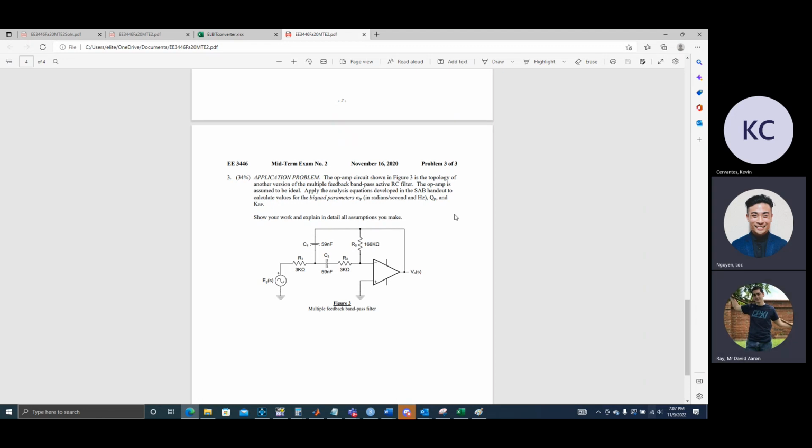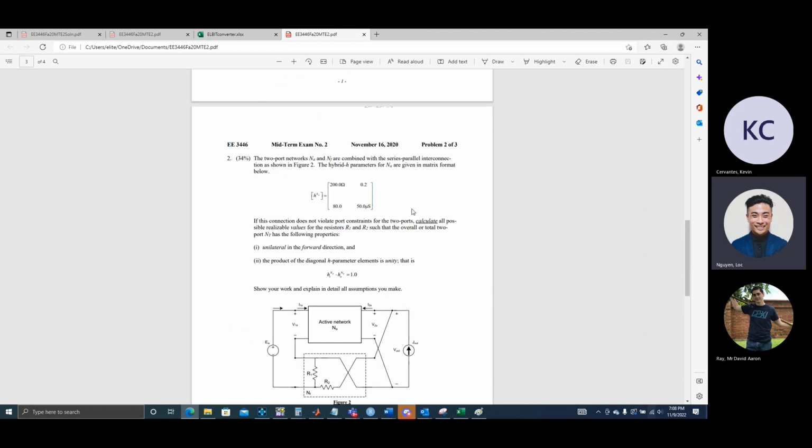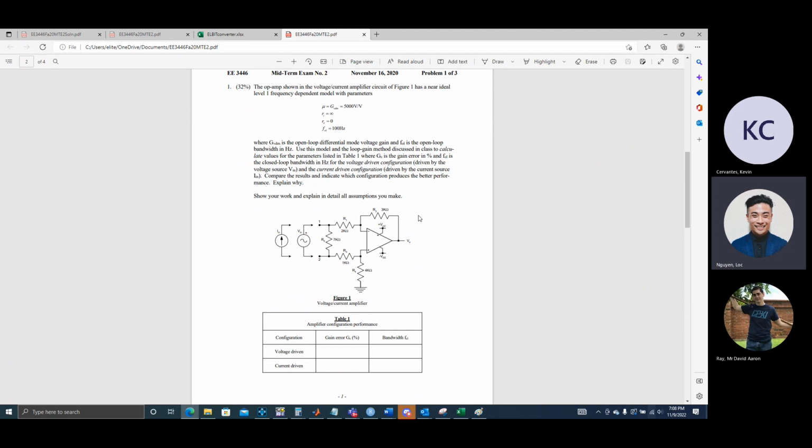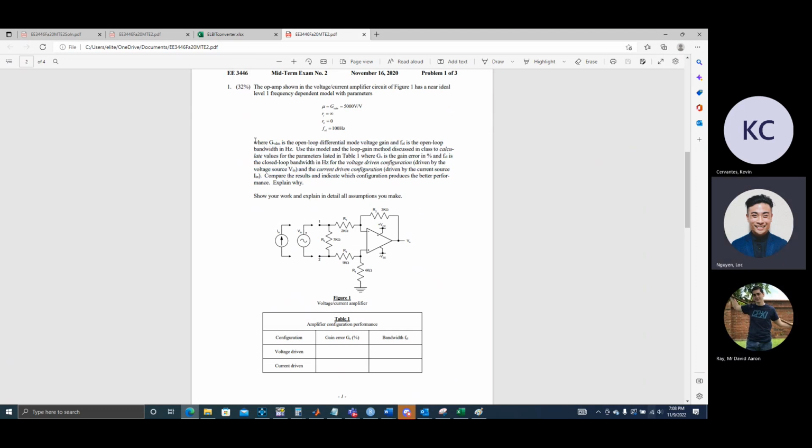It's mainly gains and bandwidth. So if there's anything that relates to gains and bandwidth, then most likely it's going to be that.